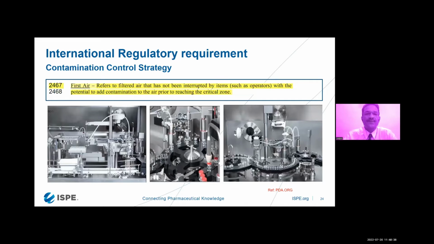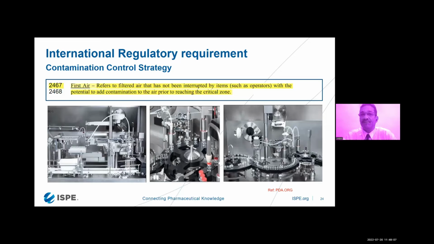As per the international regulatory requirement for the containment control strategy, it refers to the filtered air that has not been interrupted by items such as operators with the potential to add contamination to the air prior to reaching the critical zones. So what are the critical zones that we have? If we look at the pictures which have been given, they are of a vial filling line. So the critical zone is a zone where the vial is exposed basically.